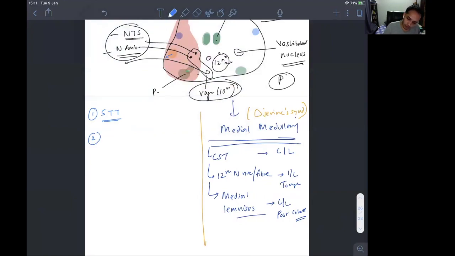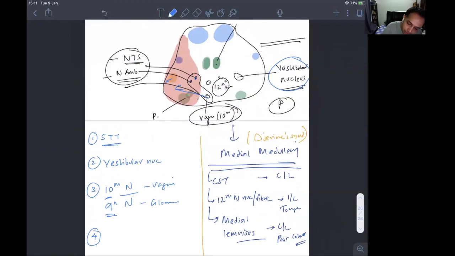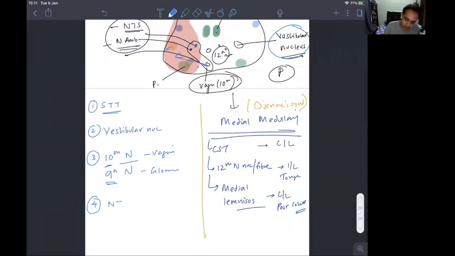You can have your vestibular nucleus involved. You can have your 10th nerve involvement. Along with your 10th nerve, you also have the 9th nerve, so glossopharyngeal and vagus. You can have these two nuclei that I told you about, nucleus tractus solitarius and nucleus ambiguus.